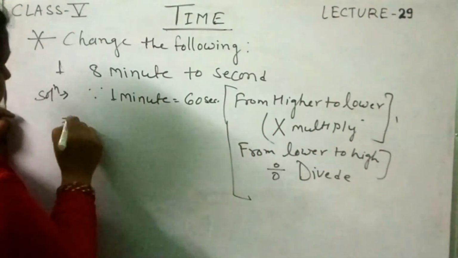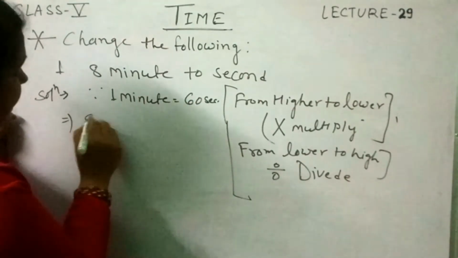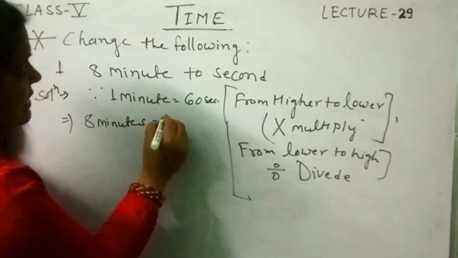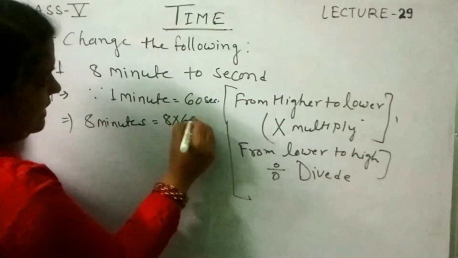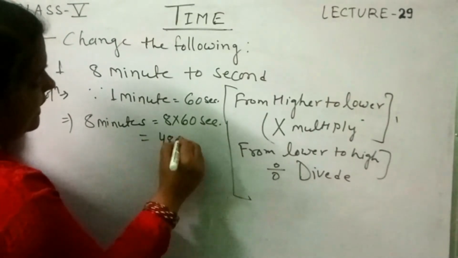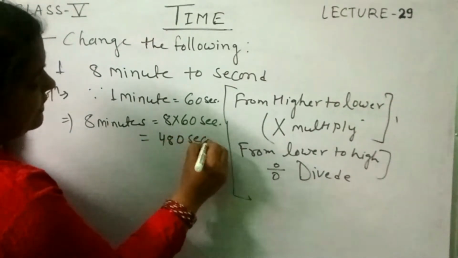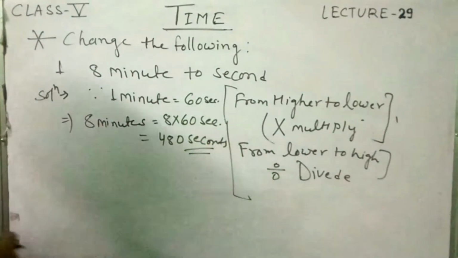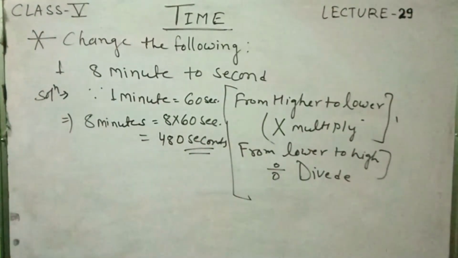So 1 minute is 60 seconds, then 8 minutes is 8 into 60 seconds. 8 sixes are 48 seconds. That is your answer.